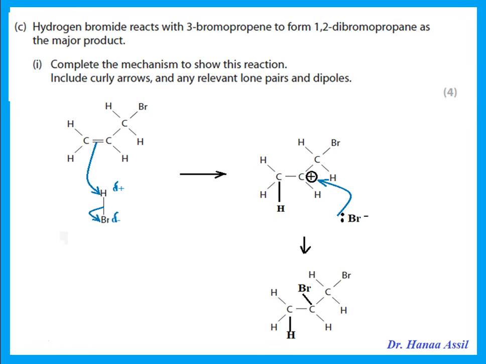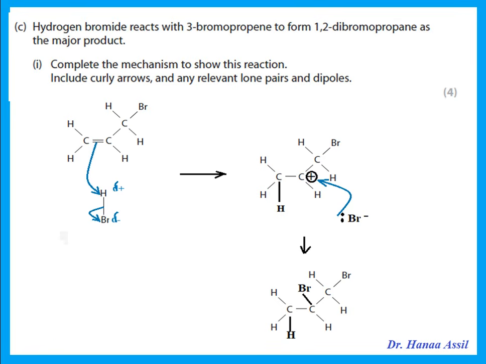Remember that the question says hydrogen bromide reacts with 3-bromopropene to form 1,2-dibromopropane as the major product. So this product that we have is the major product.